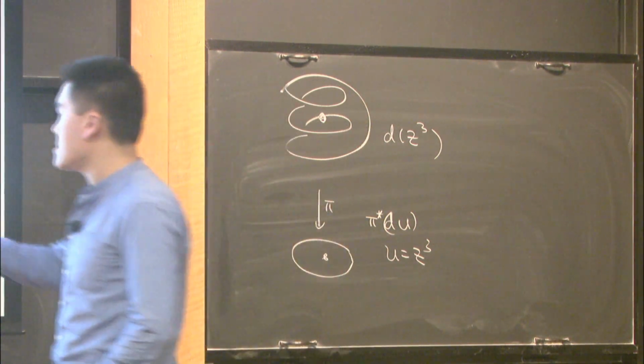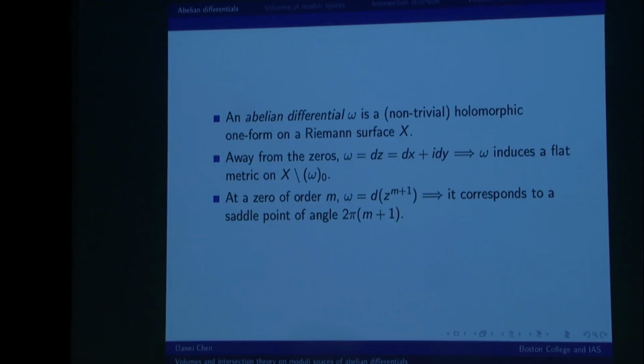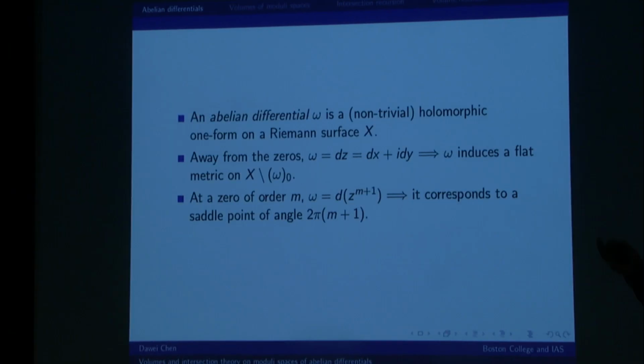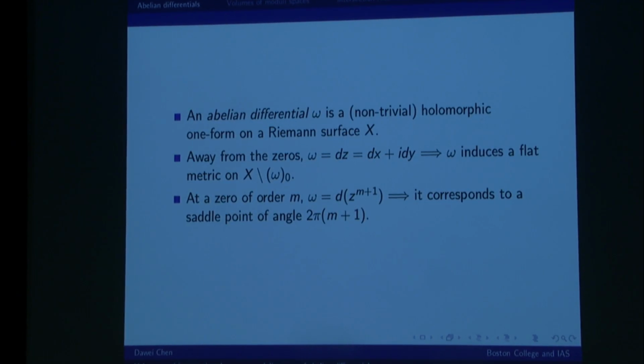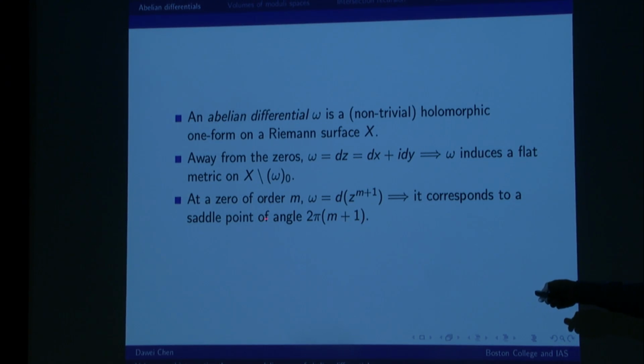But in this case, because I glue m plus 1 many disks together, under the flat metric you actually get a saddle point or cone point as a zero, with total angle given by this exponent m plus 1 times 2 pi. Whenever m is positive, this angle is certainly strictly bigger than 2 pi. That means locally you won't see a smooth point under the flat metric. You will see a saddle point.